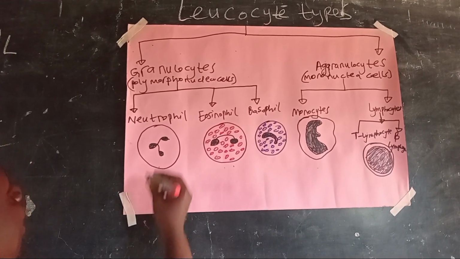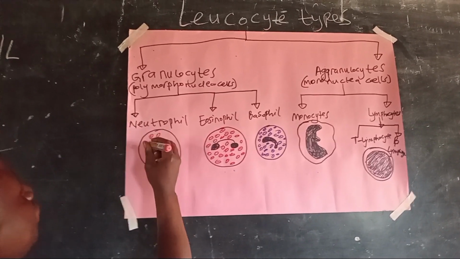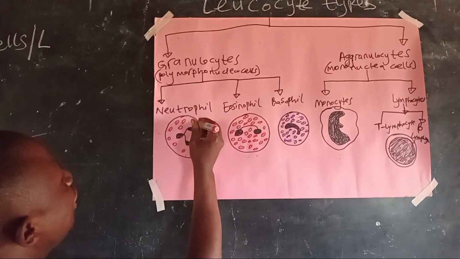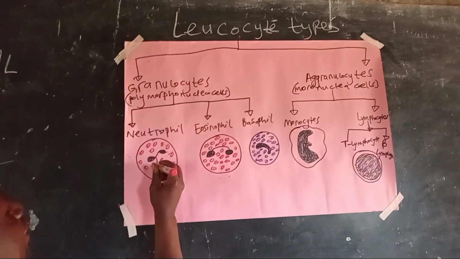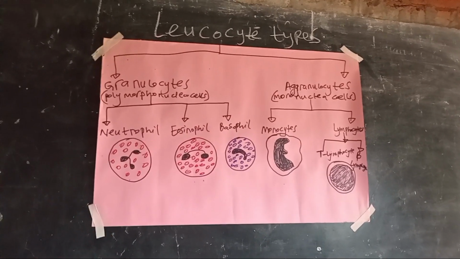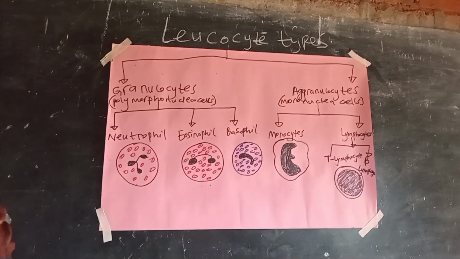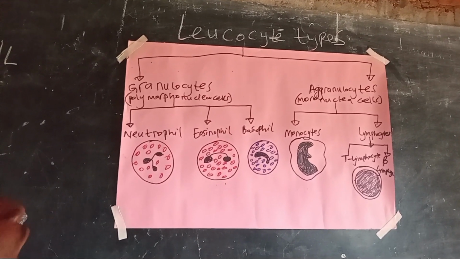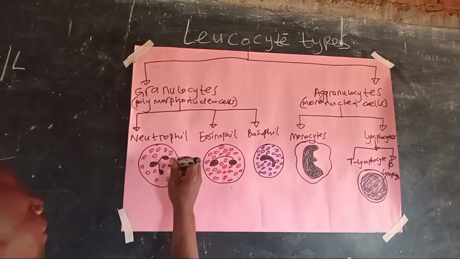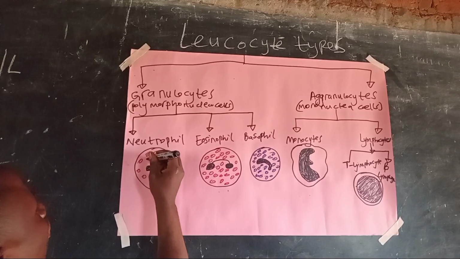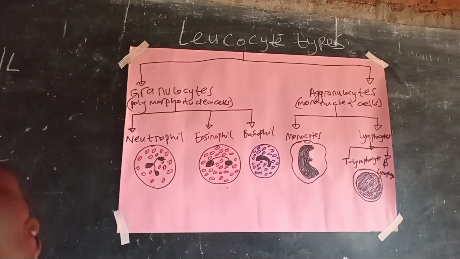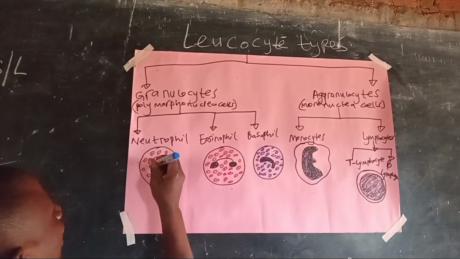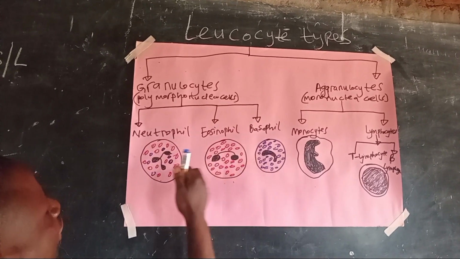Their staining characteristics: they have granules staining red like the eosinophils, and also blue staining granules like the basophils.